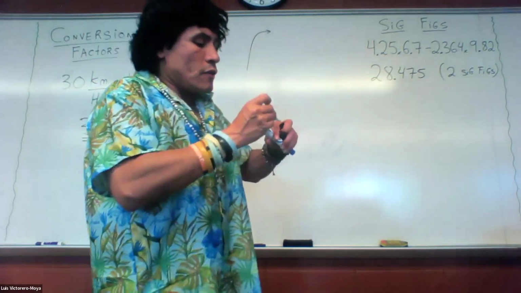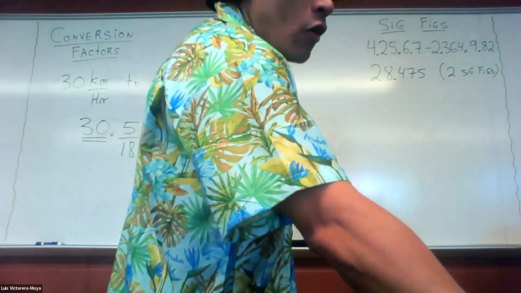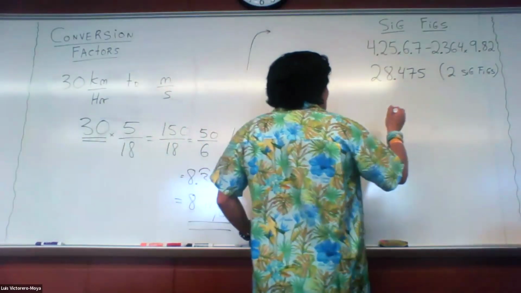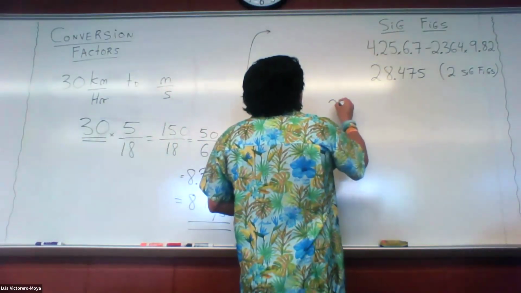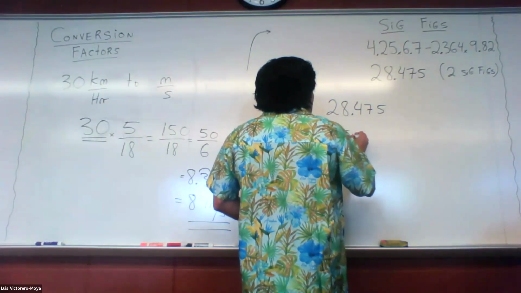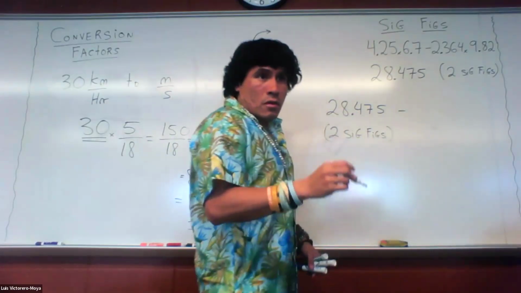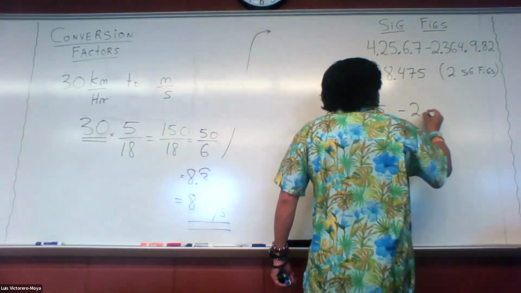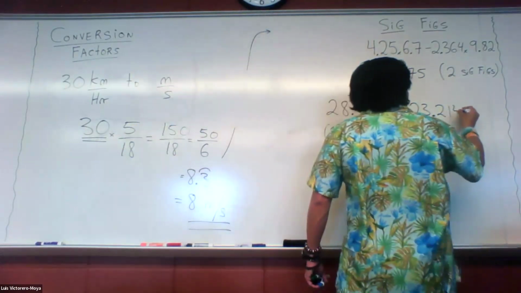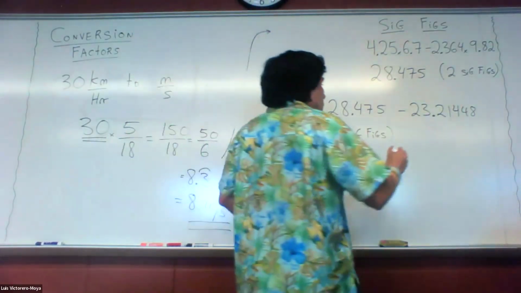And then the other number, 2.364 times 9.82, so let's do it here, 28.475 with two sig figs minus 23.21448. But the level of precision for that is 3 sig figs.